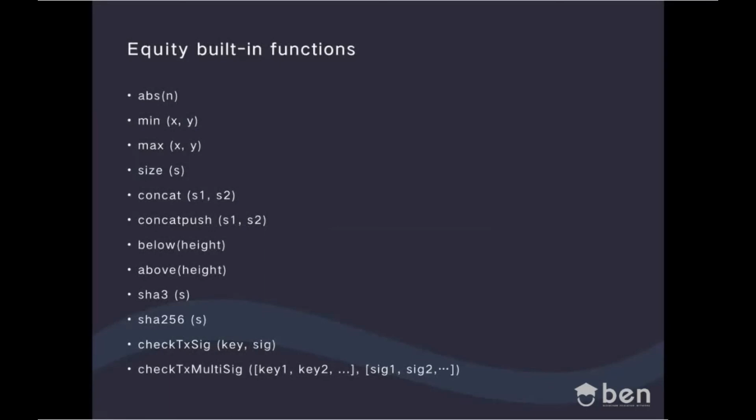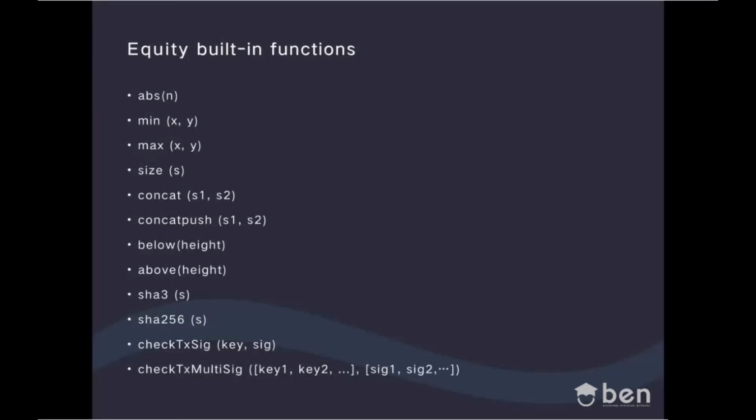And we have our built-in functions, like equality functions. The first one is absolute value. The second one checks the minimum of x and y, or the maximum of x and y.